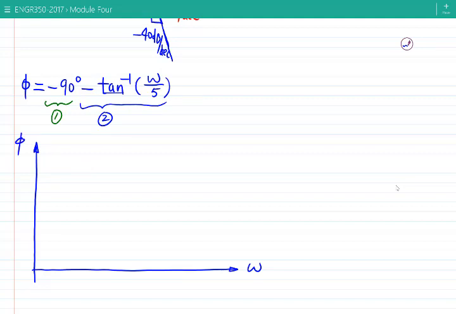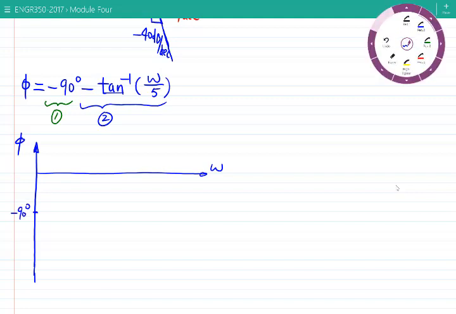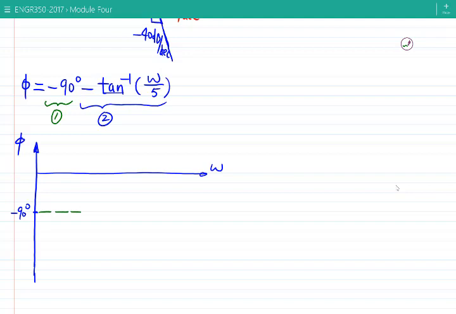The first factor is minus 90 degrees. For the second factor, it is minus inverse tangent function of omega over 5.